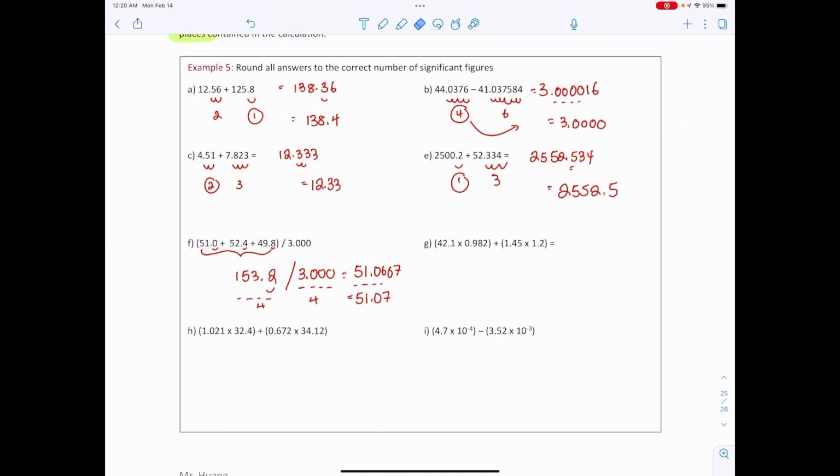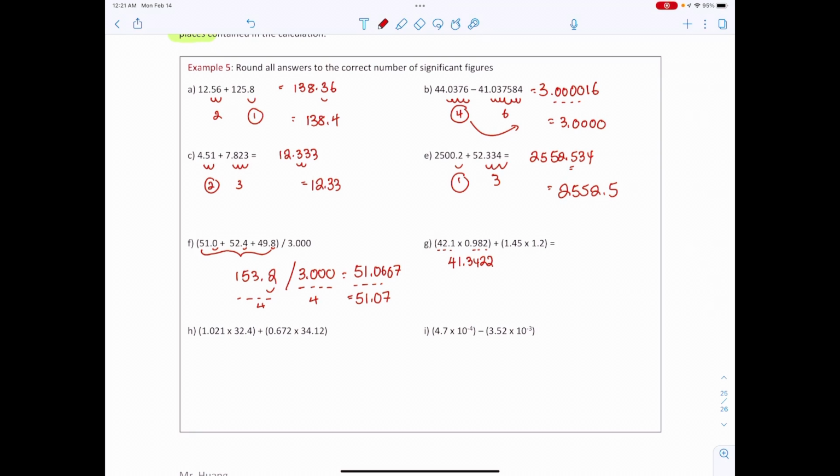Okay, G, we can do something similar. If I take 42.1 times 0.982, I get 41.3422. Now if I'm looking at this question, since I'm multiplying, I'm looking at significant figures. So there's 3 significant figures in each of those calculations.